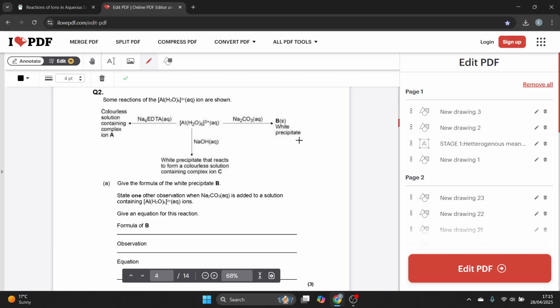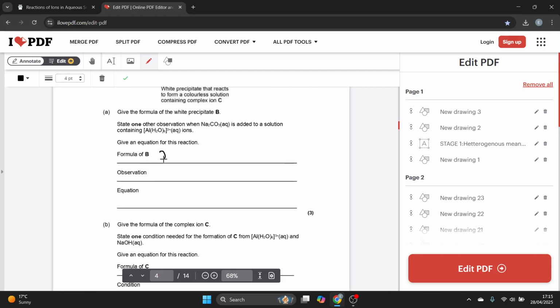Well, the white precipitate B is formed when aluminium [Al(H2O)6]3+ reacts with carbonate ions. So the formula of B is therefore 2Al(H2O)3(OH)3.